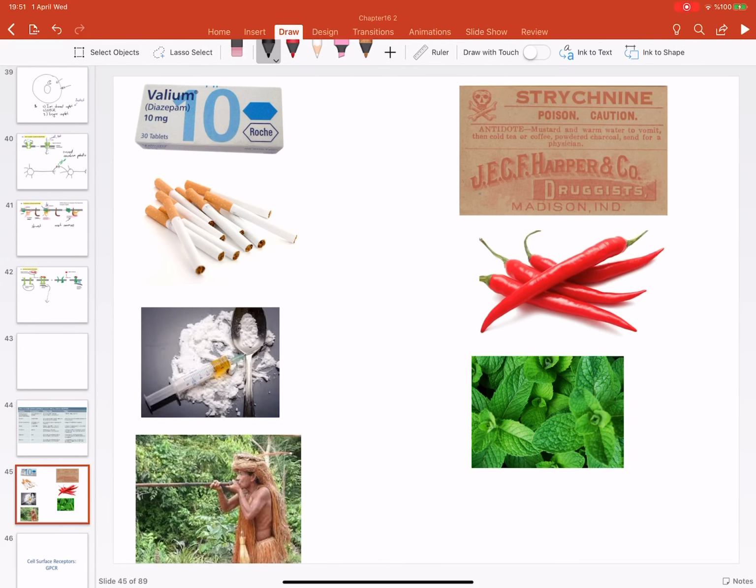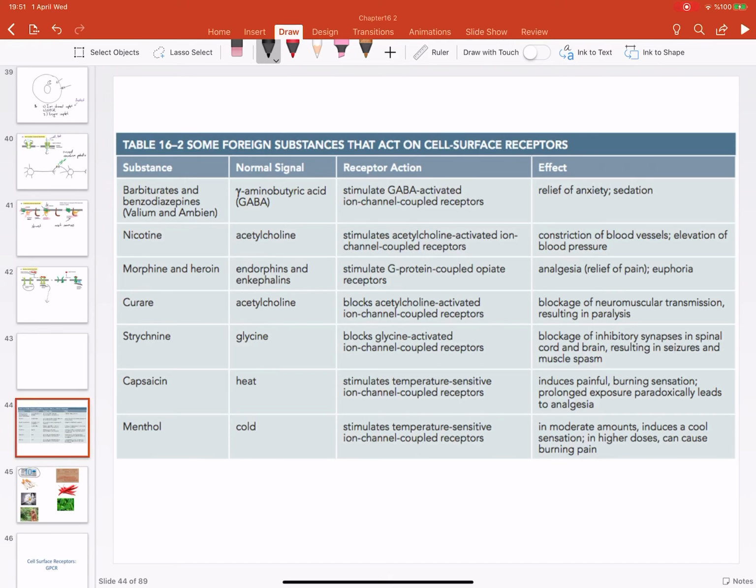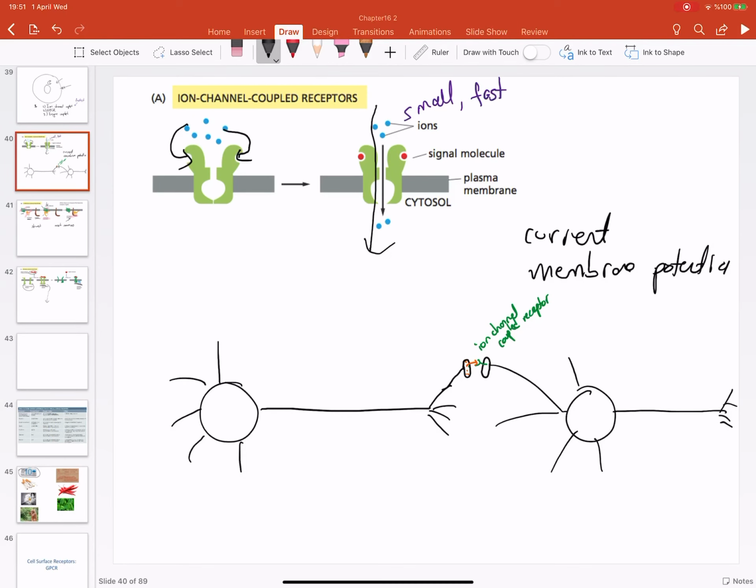For example, maybe you have heard of Valium. It was a very popular antidepressant previously. And we know that Valium is stimulating the GABAergic signaling. Now, GABAergic signaling is acting on these kind of ion channel coupled receptors.